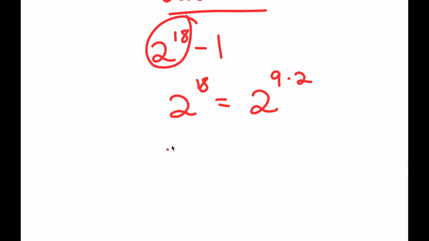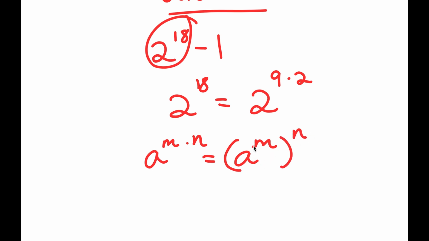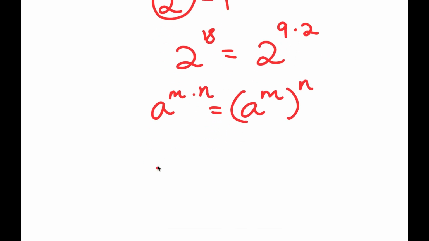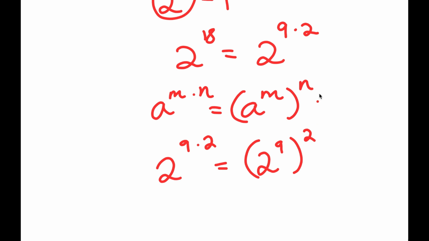And if I have something in the form a to the power of m times n, this is the same thing as a to the power of m to the power of n. So in this case, I have 2 to the power of 9 times 2, and I can rewrite this as 2 to the power of 9 to the power of 2.